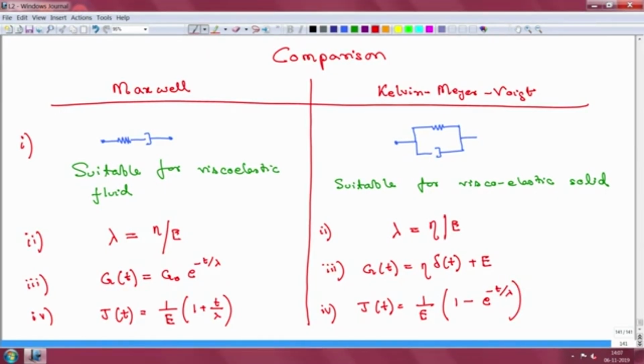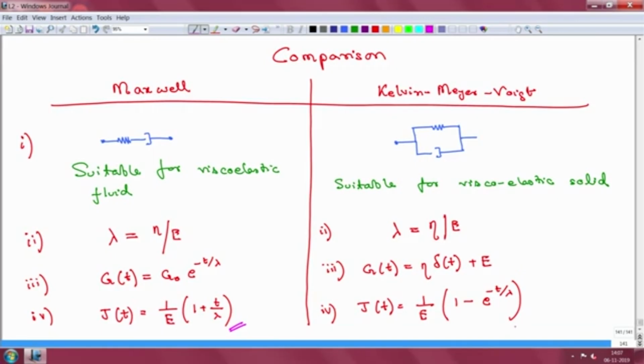Now, I would say that both these models have their own shortcomings, right. For example, we saw that for the case of the Maxwell model, the creep function is not very satisfactory. Similarly, for this particular case, you have a prediction of an infinite response at t equal to 0, that is also not very satisfactory.